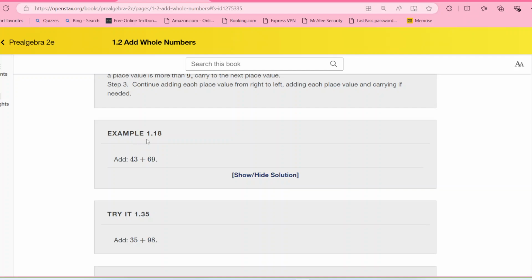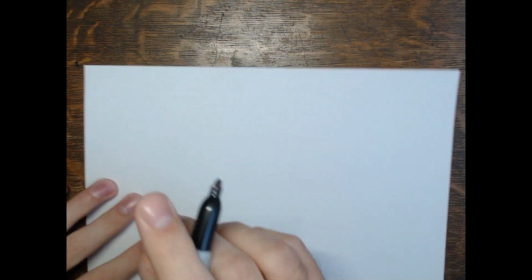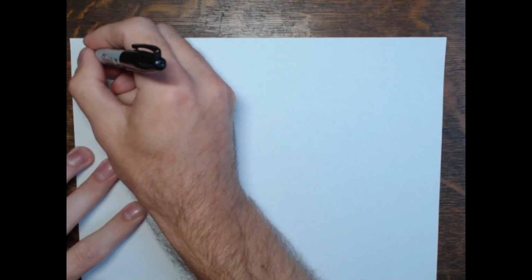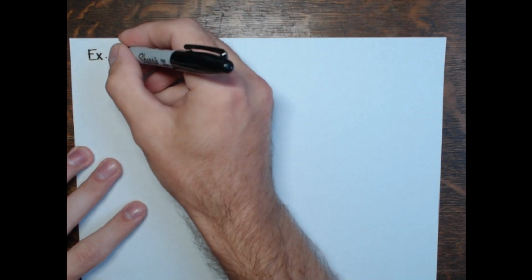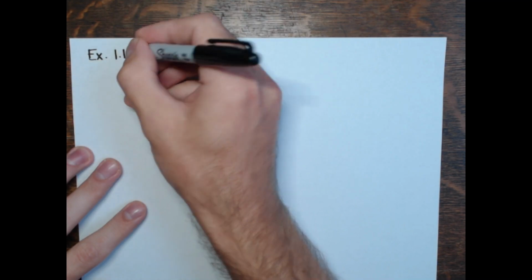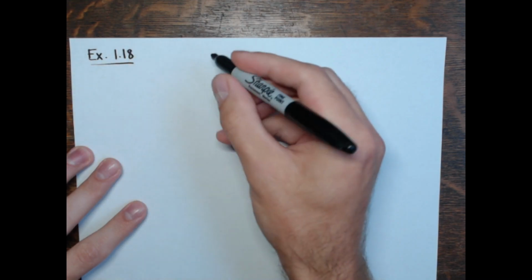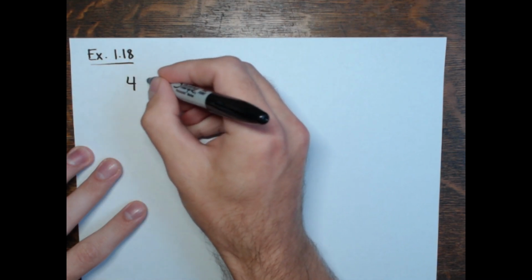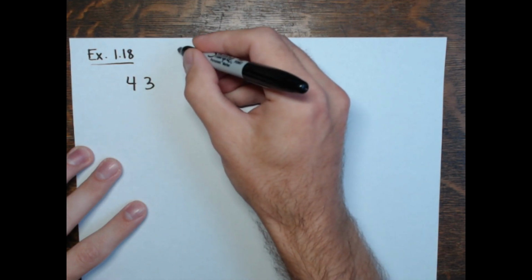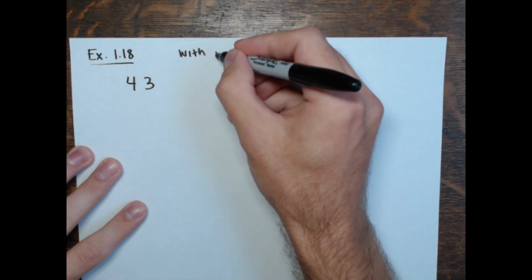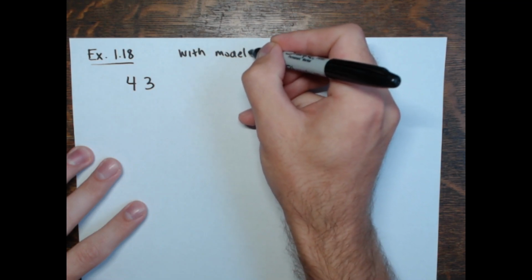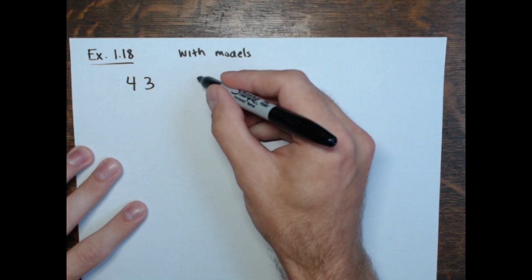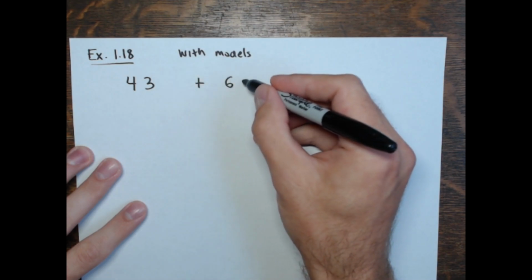So example 1.18, we're asked to add 43 and 69, 43 plus 69. So example 1.18, we have 43, and I'll do it with the modeling first, right? So first with models, with the blocks, 43 plus 69.